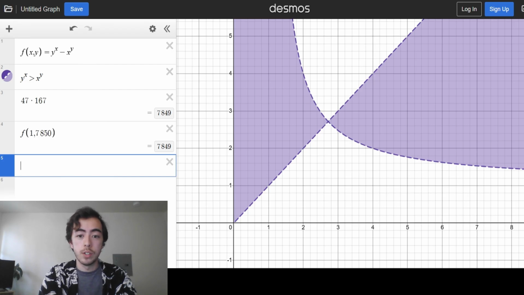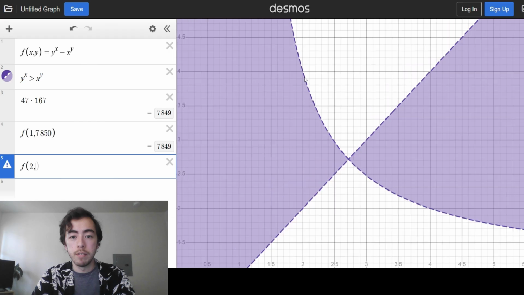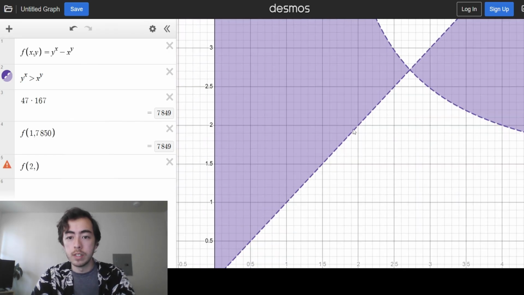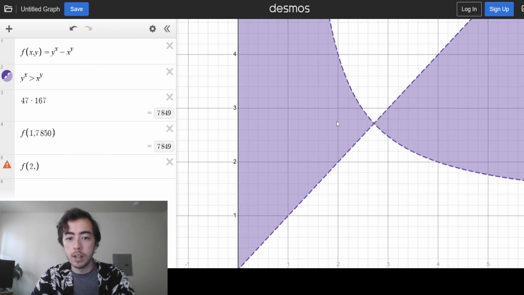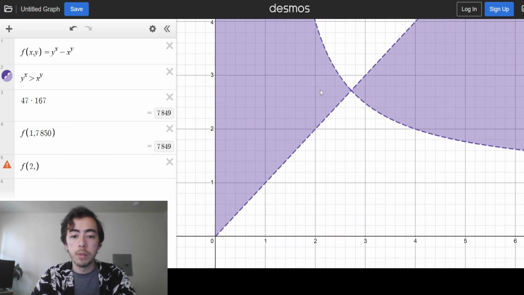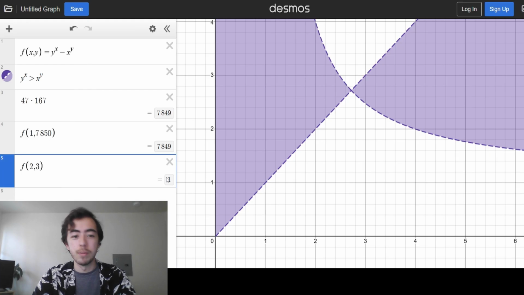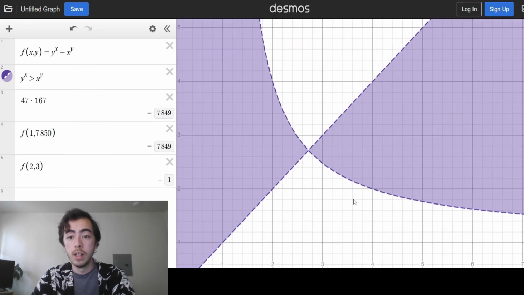So anyways, let's try when x is 2, and we can see visually on the graph that 4 isn't a valid number and 2 isn't a valid number. And so the only possible whole numbers or integers that we could plug in, well, there's just one, it's 3. Fortunately, it's odd, so we could try plugging that in, 2 comma 3, but that gives us the number 1, not 7,849. So we can rule that out.